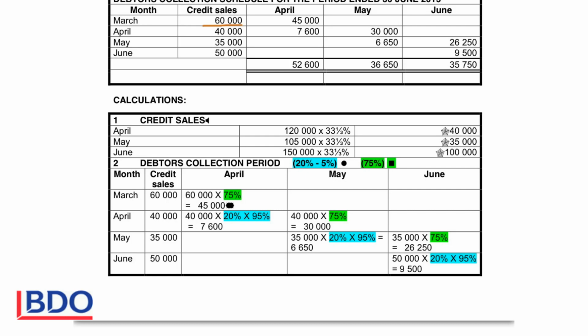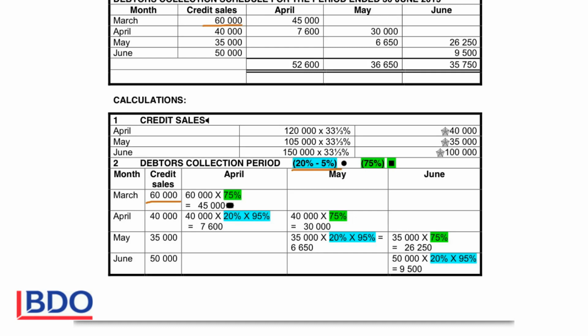Now, if we look at March, the total sales during March was 60,000. So of that total credit sales of 60,000, 20% will be paid during March because it's paid in the month, and 5% will be deducted for discount.